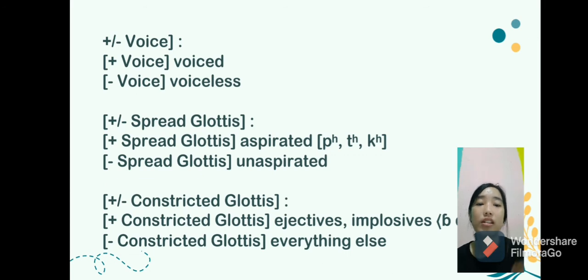And the voiceless consonants are like p, th, just like that. And we can see the split glottis. The plus split glottis is about the aspirated p, and the unaspirated is p without the h, about the ch, just without that.